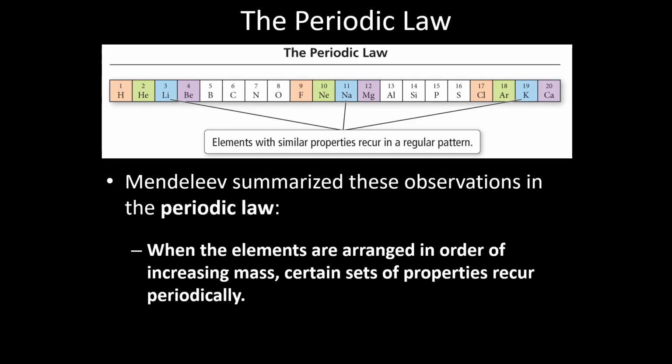So here we're talking about the periodic law. I do expect you to know just generally the periodic law, how there are properties that reoccur periodically as you go down a list of the elements.